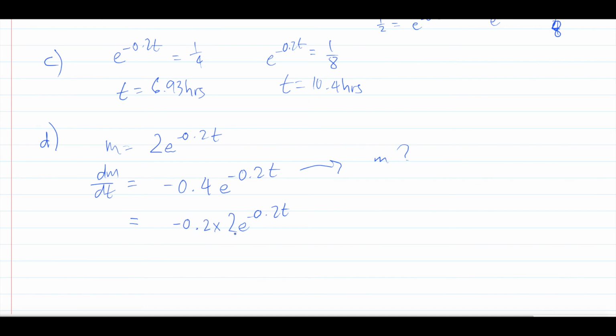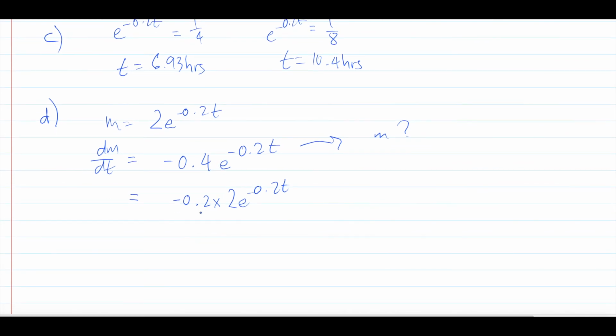Negative 0.2 times 2 is negative 0.4, and you end up with your original differentiated equation. And in this case, we know that this function right here is in fact m, because that's exactly what m is, 2e to the power of negative 0.2t, and dm/dt equals negative 0.2m. So now it's in terms of m, which is great. That's exactly what you want.